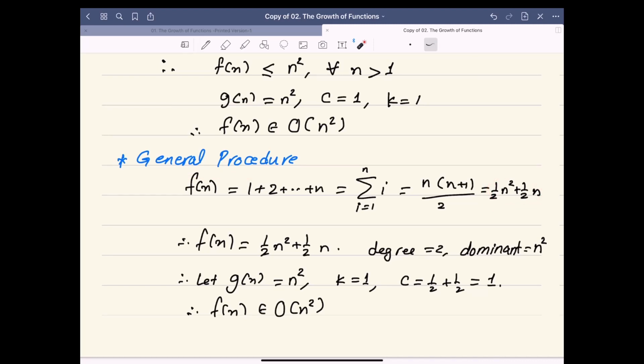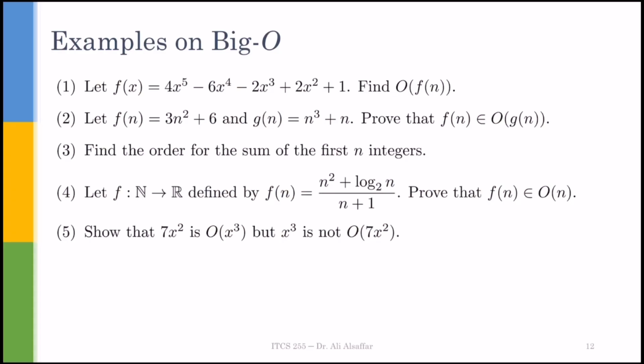For other functions than polynomials, you cannot apply it. Now, for example number 4, the function we have is not a polynomial, so we cannot use the general procedure to get the values of g of n and the constants. So we need to use ad hoc calculations for this particular function.